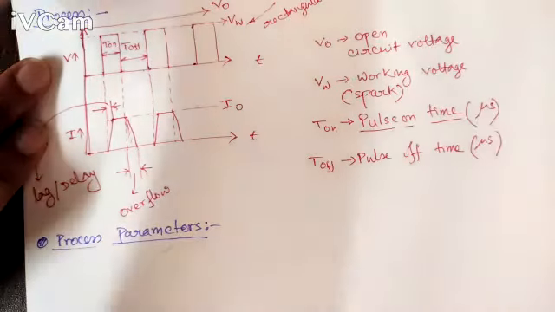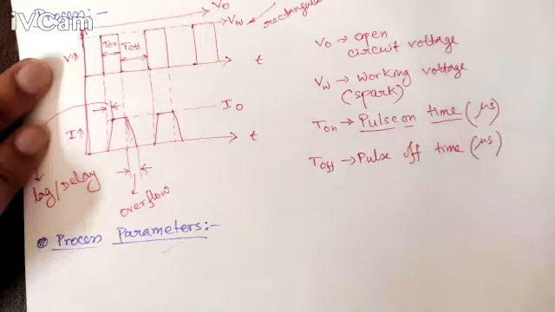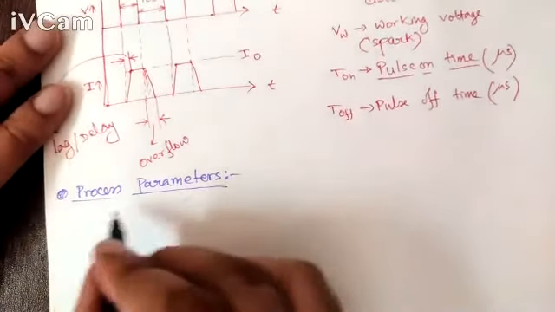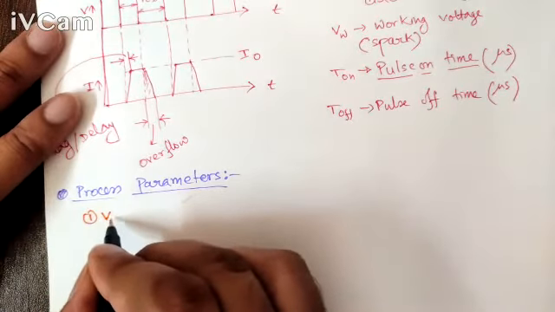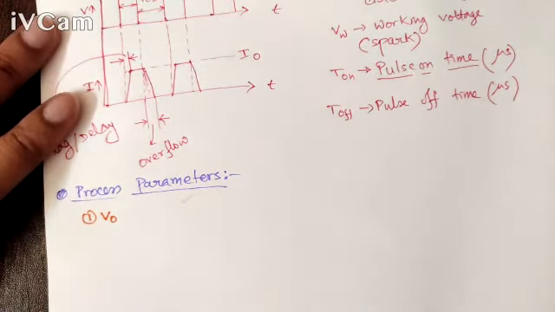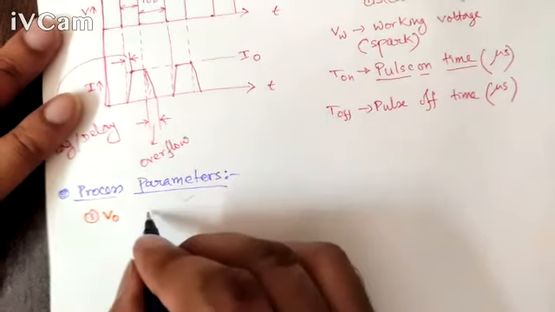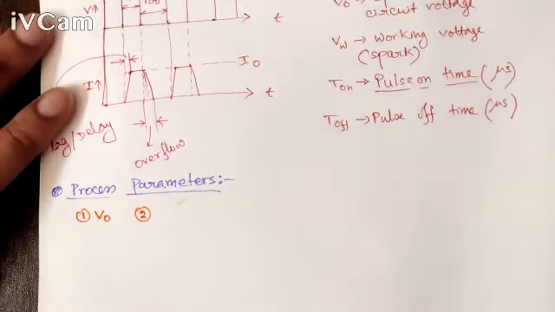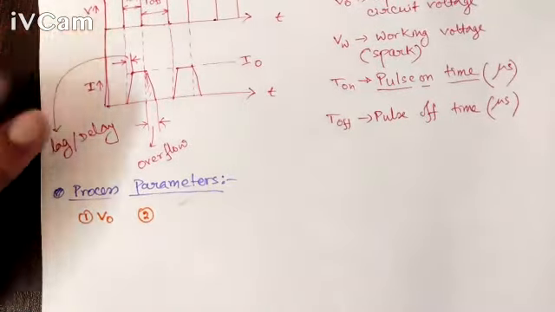We have got many process parameters. As I have mentioned, number one is VO or open circuit voltage. The range for different metals or materials will vary. It can range up to 80 volts.